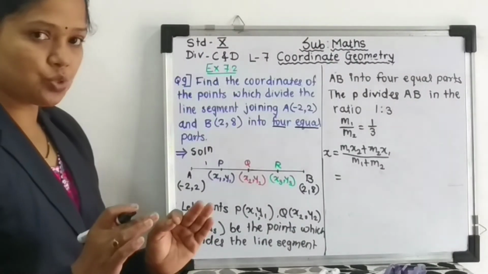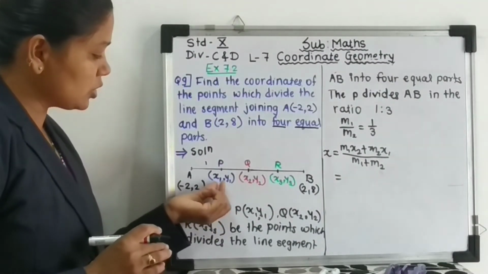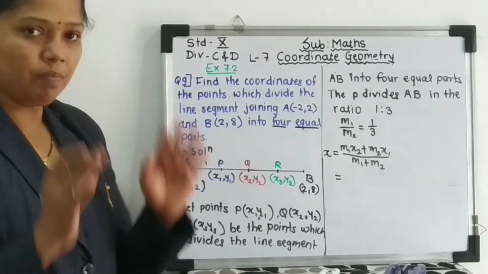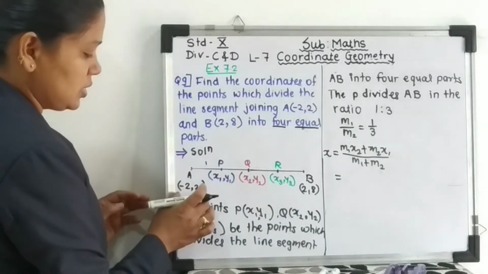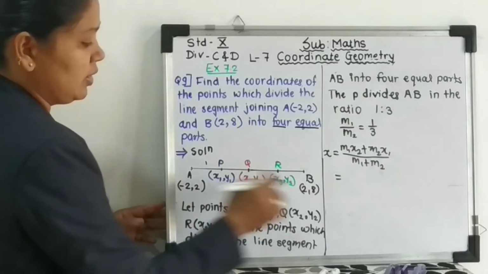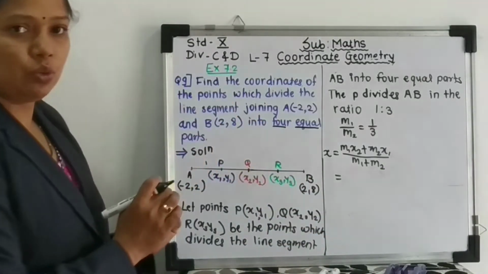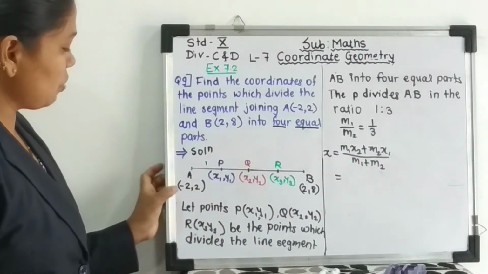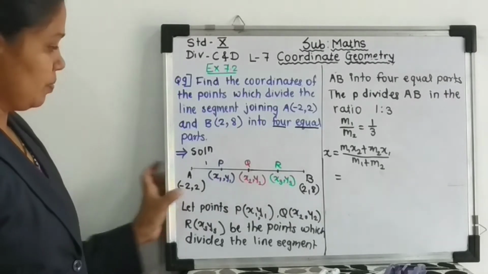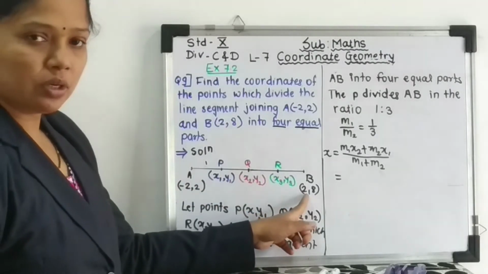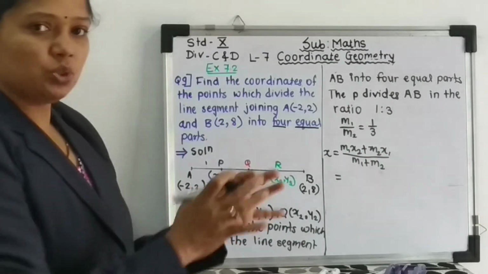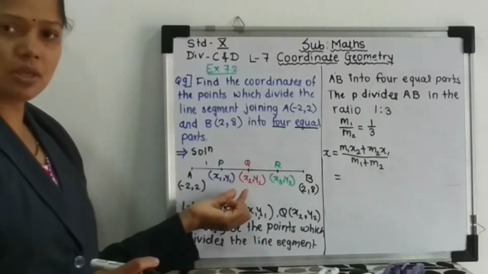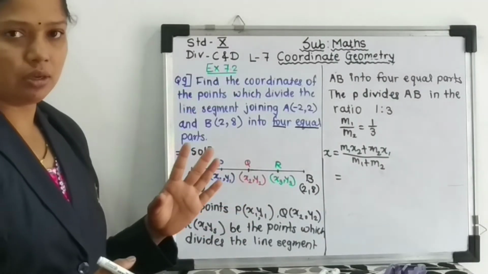Now see students, already we have labeled x1, y1, x2, y2, x3, y3. Don't get confused there. Our standard x1, y1 is this point, and this is our x2, y2. So in the formula, x1 is -2 and x2 is 2. This is the standard formula, and you must write it.